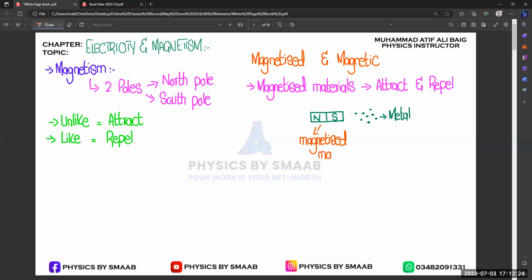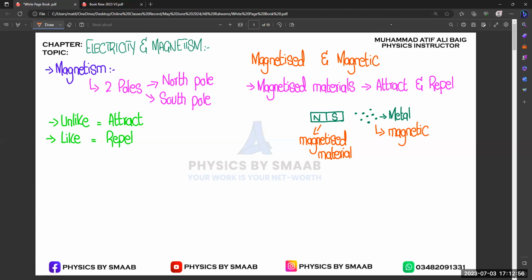When we talk about this piece of metal, it is a magnetic material. Magnetic means it can only attract towards a magnet, because a piece of metal has no poles like the north and south pole of a magnet. So that is the difference: magnetized material can attract and repel both, but magnetic material can only attract towards the magnet.